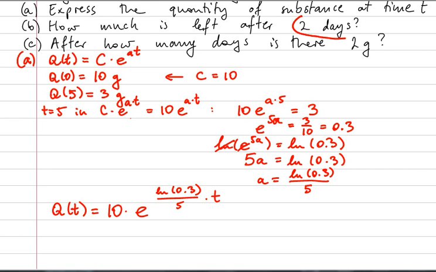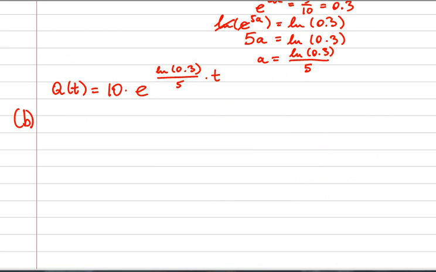So 2 days means t equals 2. So part B really just means we are computing Q of 2. So 10 times e to the ln 0.3 over 5 times 2. If you plug this in the calculator, you will obtain a certain number, and that would be how much substance is left after 2 days.